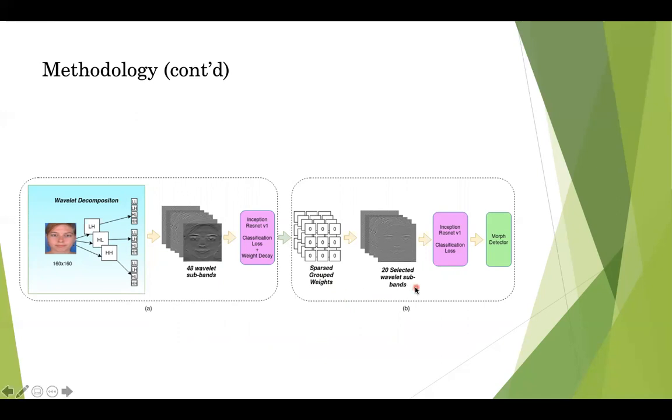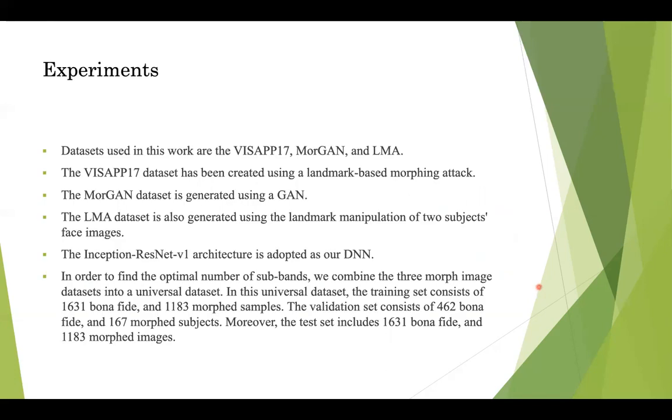After training the deep neural network, the 20 most discriminative wavelet subbands are selected, and then a morph detector is trained for each different dataset. The datasets in this study are VZAP17, Morgan, and LMA, and our deep neural network is Inception ResNet V1.